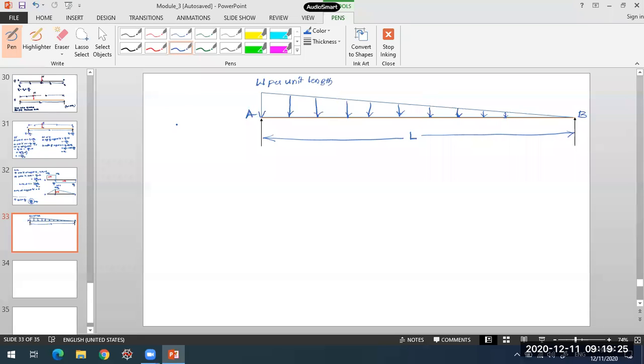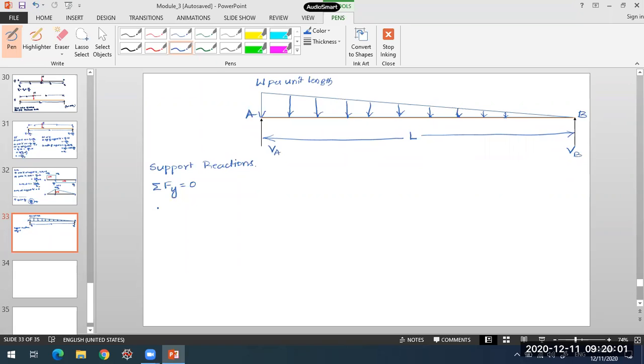Now we need to calculate the shear force and bending moment in this case. First, the support reactions. Let VA be the vertical reaction at A and VB the vertical reaction at B; you may also call them RA and RB. The first condition of equilibrium says the summation of forces in the vertical direction should be 0.